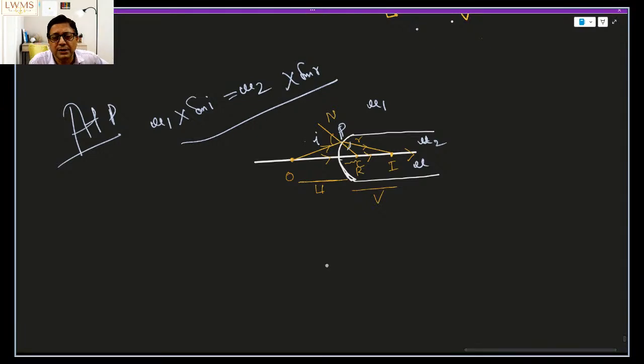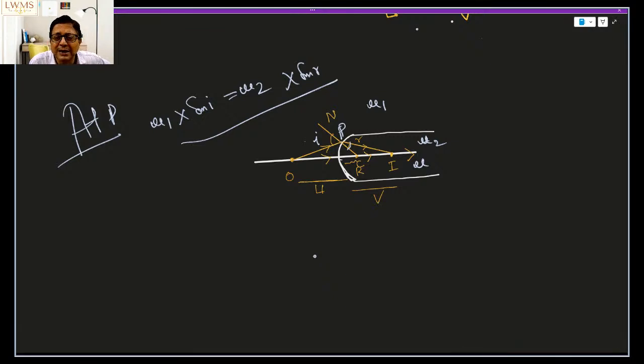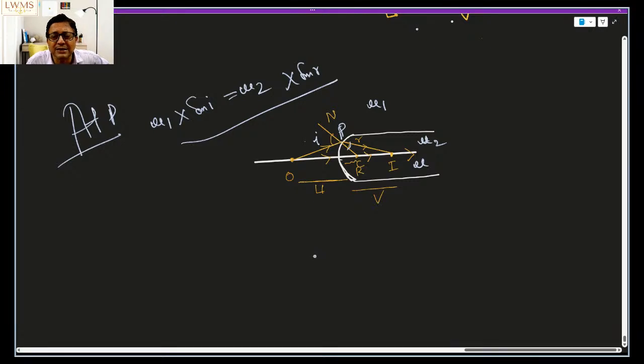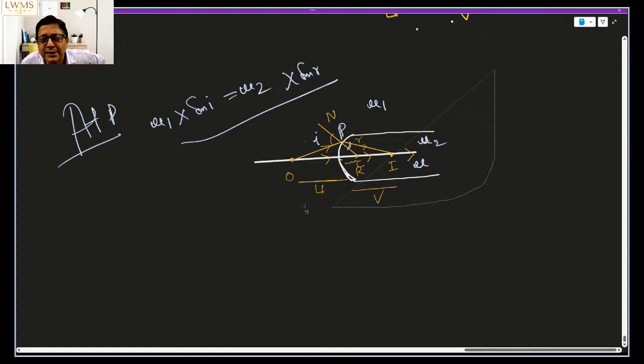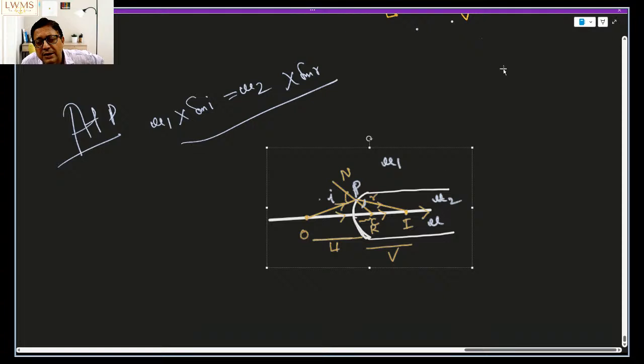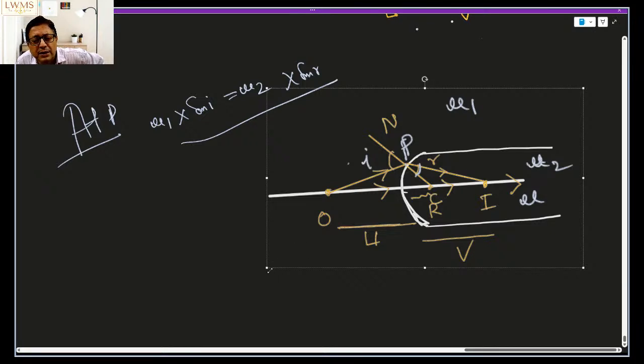We have to relate U, V and R. So this is I, this is R. Suppose the incident ray makes an angle alpha with the principal axis. The refracted ray makes an angle beta.